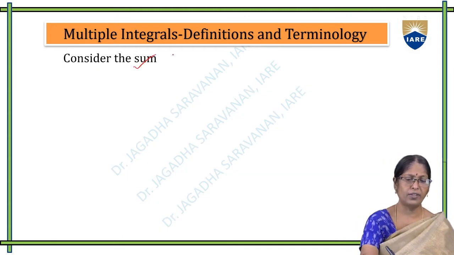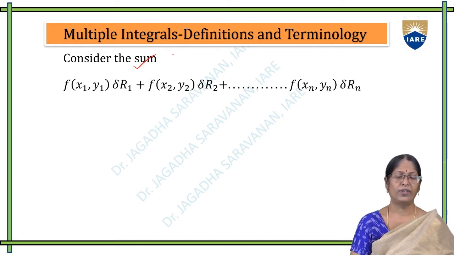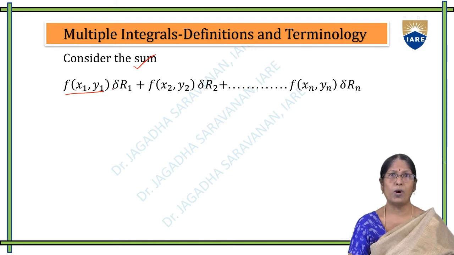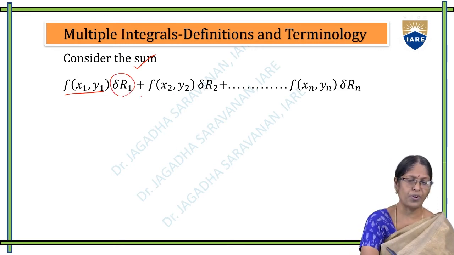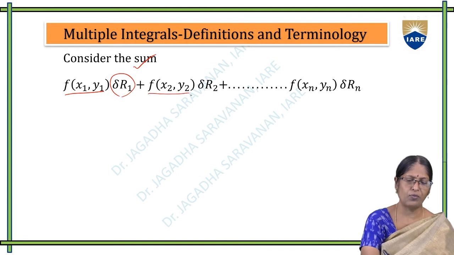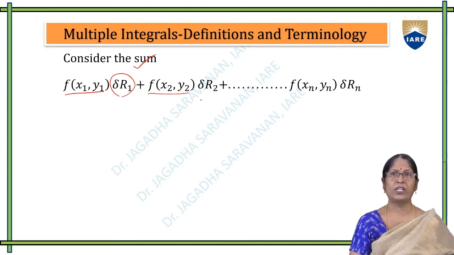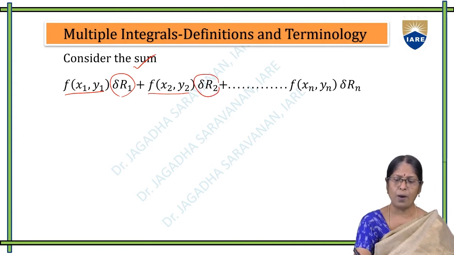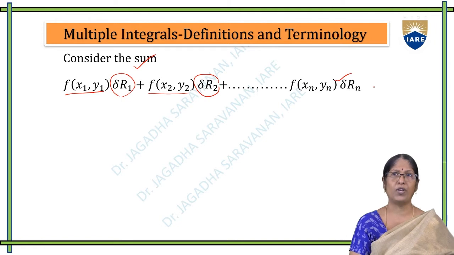We can consider the sum f of x1, y1 times the area of region R1, plus f of x2, y2 times the area of R2, mathematically written up to n terms.